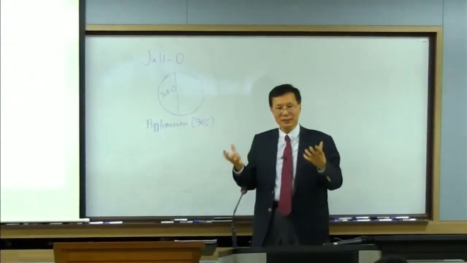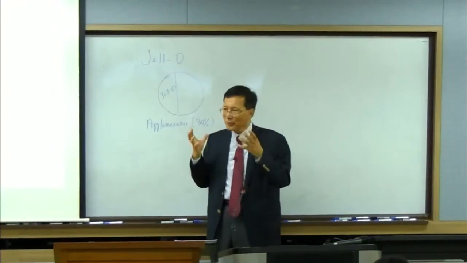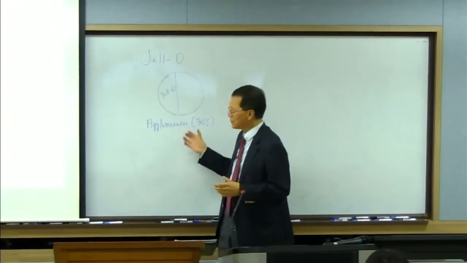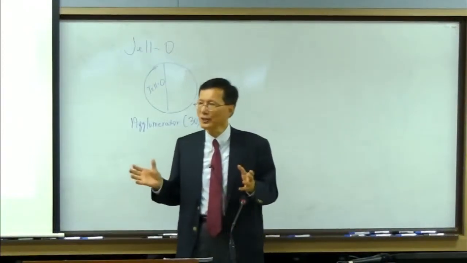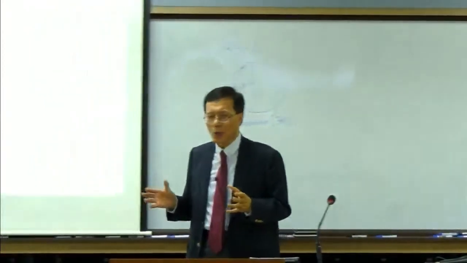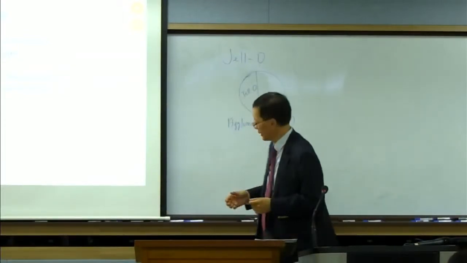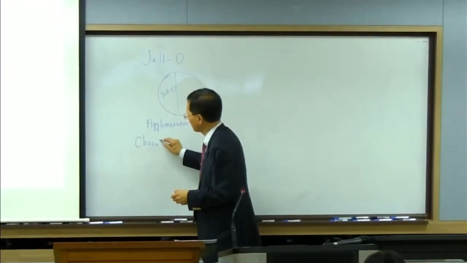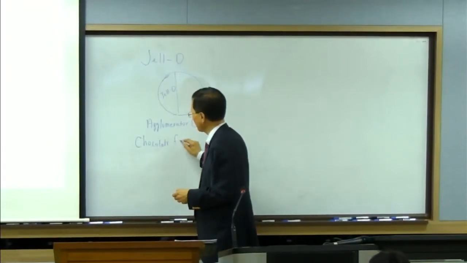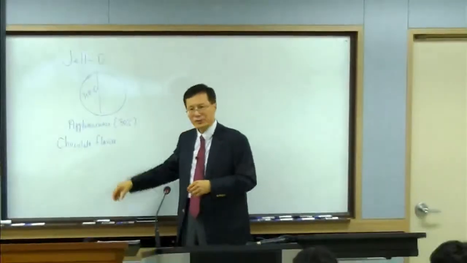Jello new product development people thought about this and said, well, 70% of this agglomerator machine is currently free. Why don't we introduce another product line, let's say a chocolate flavor dessert, using the same machine?